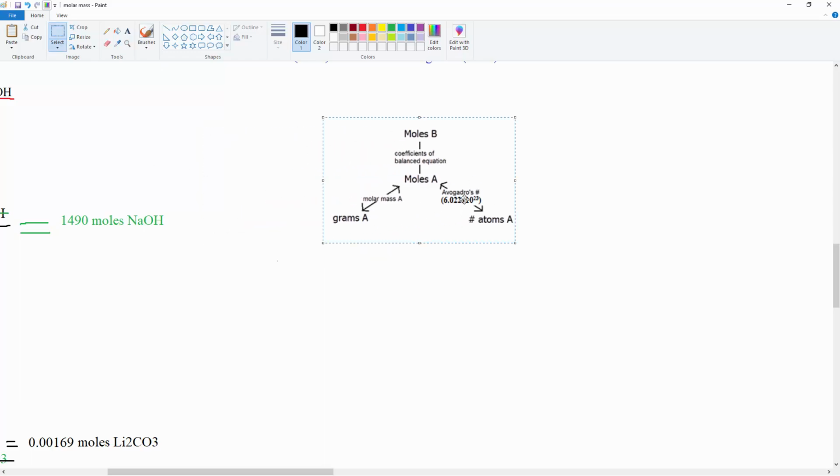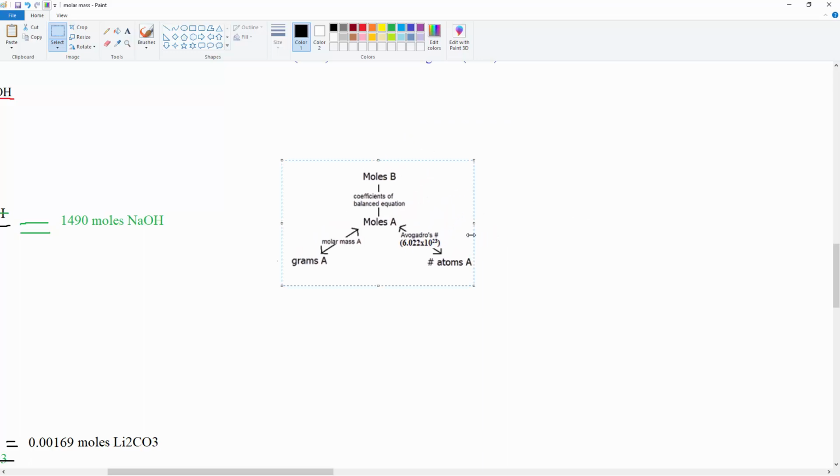Now, I give this to you, I call it a roadmap, because as you can see, if you're starting from moles of something, you can go lots of different directions. And I have confidence that you guys can do each of these equations independently.